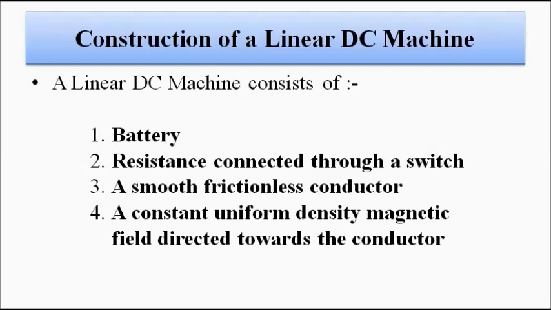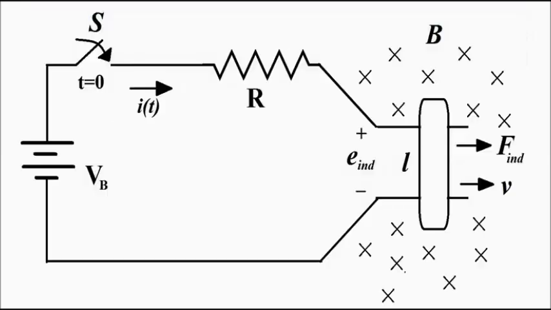So the diagram looks something like this. This is the supply voltage, the battery. This is the switch connected to a resistance, and this is the conductor of length L which is placed in a magnetic field of flux density B, capital B.